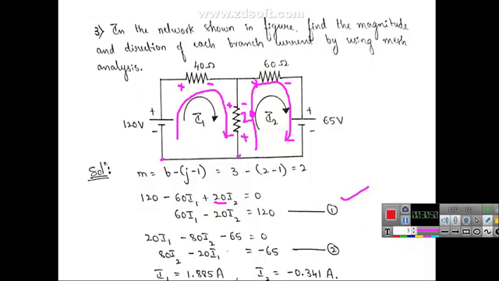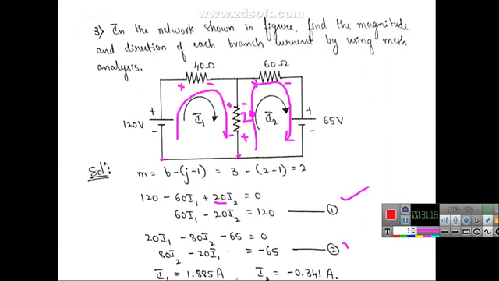So therefore we can write here plus 20 I1 and 60 plus 20, that is 80 I2, minus 65, that is equal to 0. If you rearrange, 80 I2 minus 20 I1 is equal to minus 65.